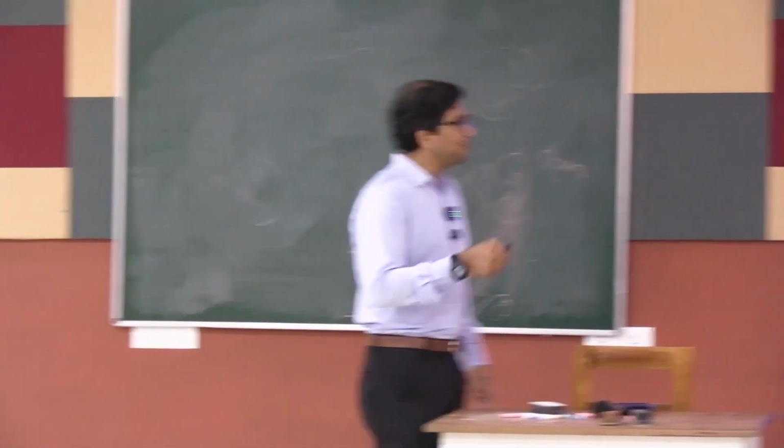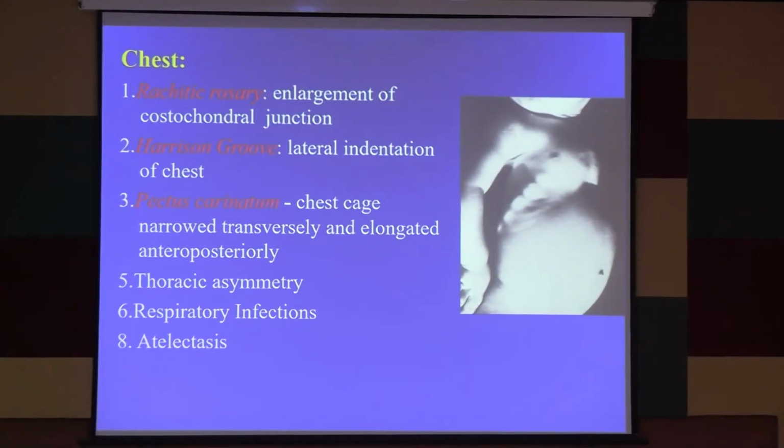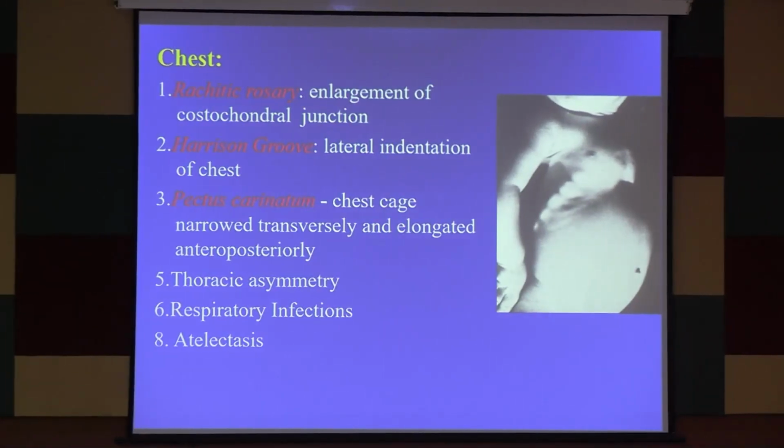And I would like to point out, we get similar beads in another condition. What is this? Do you know? In vitamin C deficiency, in scurvy, we get scorbutic rosary. So how do you differentiate between rachitic rosary and scorbutic rosary?